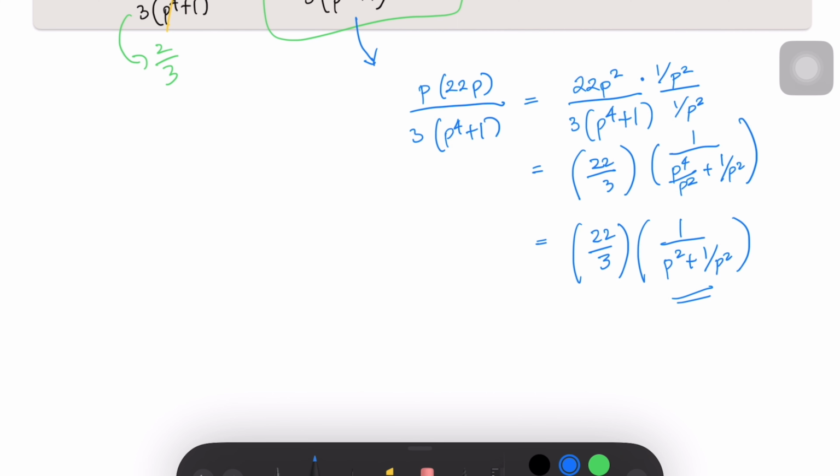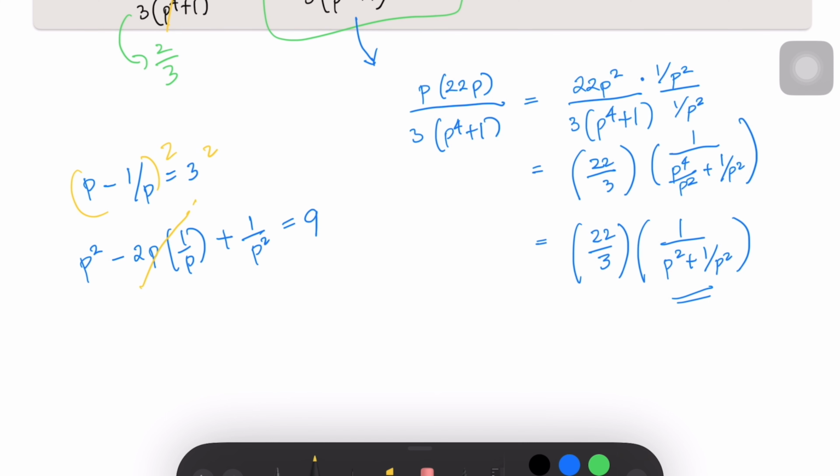We don't know that value, but we know that p minus 1 over p is equal to 3. If we square both sides, we get p squared minus 2 times p times 1 over p plus 1 over p squared is equal to 9.